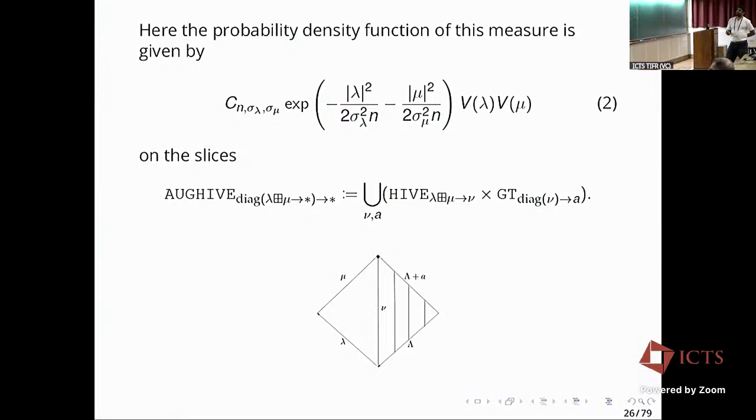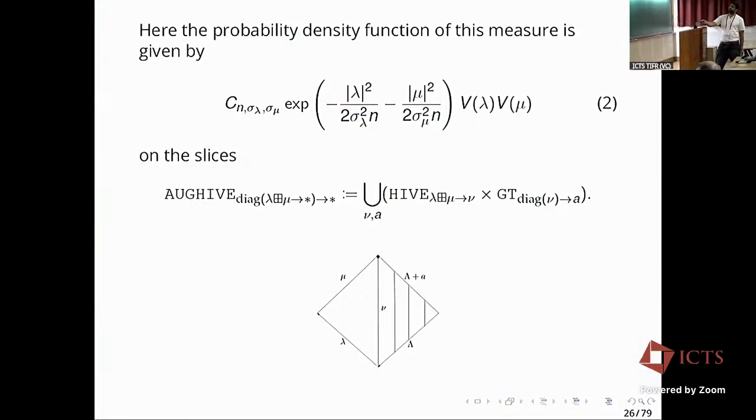So it's the same as the product of two Gelfand-Zetlin pattern polytopes. This is just the probability measure on the augmented hive. You don't have to look at the details. It's got sections which are hives here and hive polytopes here and Gelfand-Zetlin patterns here, but we're taking the union over all possible nu and a.